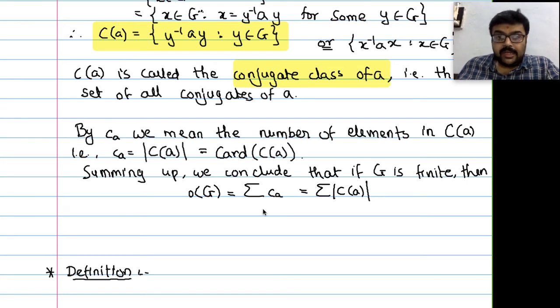But we should not take the sum over all A in G. If I take all A in G, then there is a big problem. If I ask every student how many students are there in their class and I add them, there is a problem. I should take 4 representatives from all 4 classes.